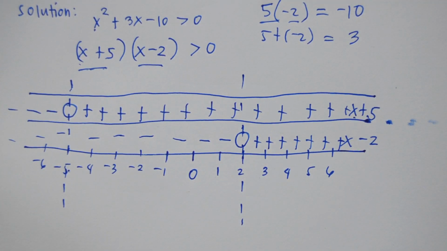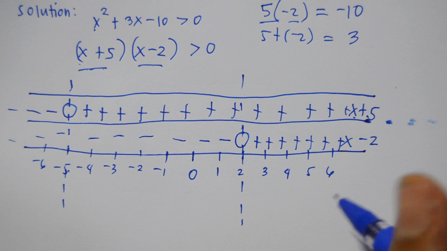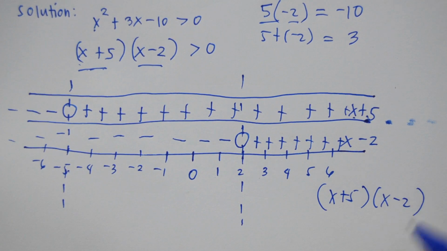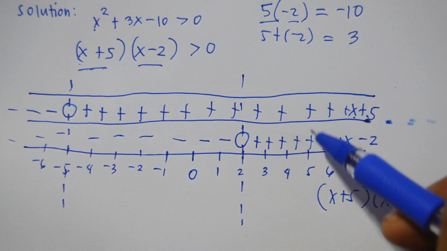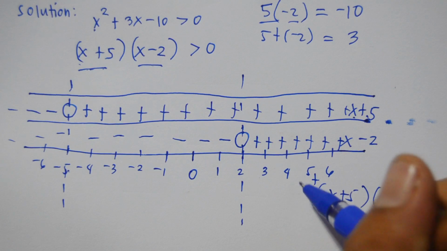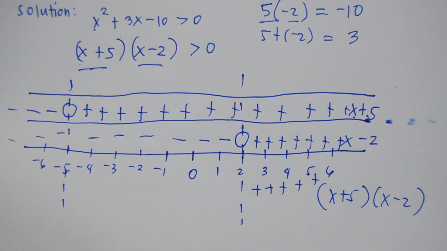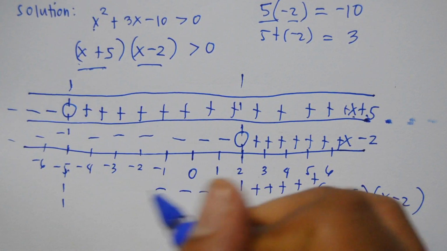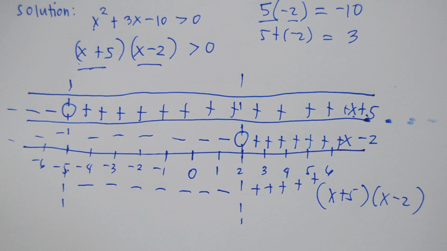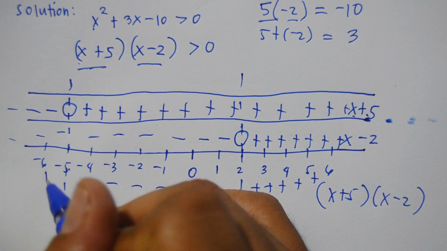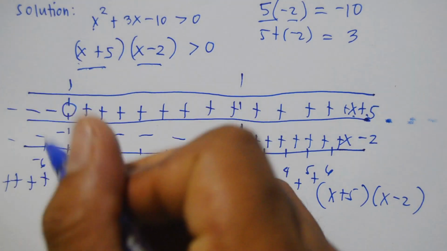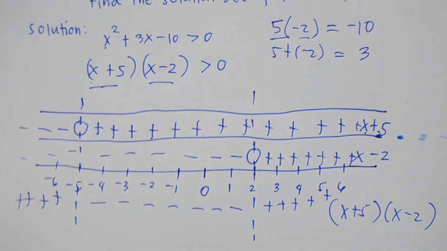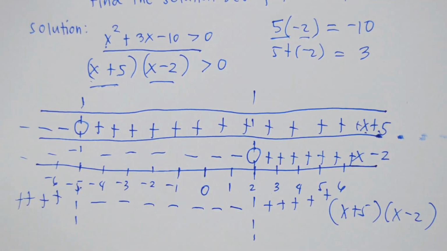After that, we get the product of x plus 5 and x minus 2, so we multiply the signs. Positive times positive in this area will be positive. Positive times negative is negative. And negative times negative in that area will be positive. Then after multiplying the signs, we go back to our inequality.